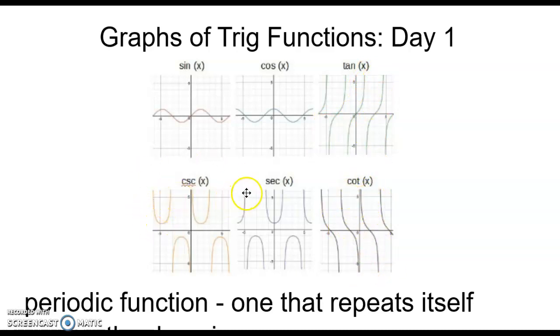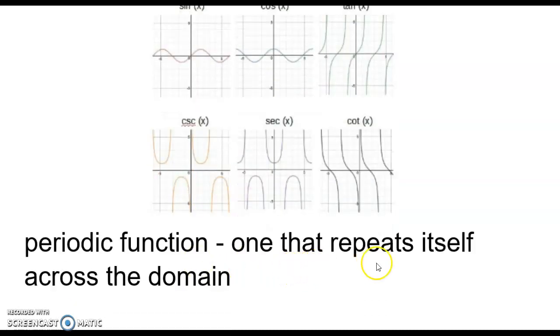And then cosecant and secant have these almost parabola type shapes, but they occur both at the top and at the bottom. We'll talk about why that happens. But we have a parabola that faces up, and then a parabola that faces down, and it repeats over and over again. So again, a periodic function is one that repeats itself across the domain, across the x-axis.